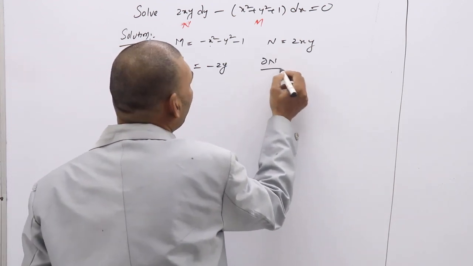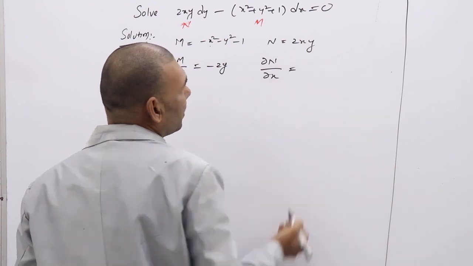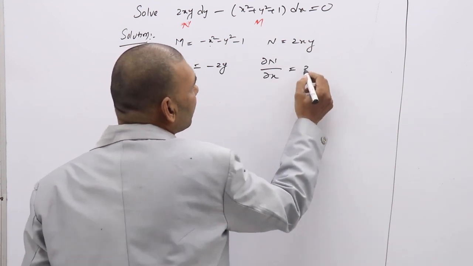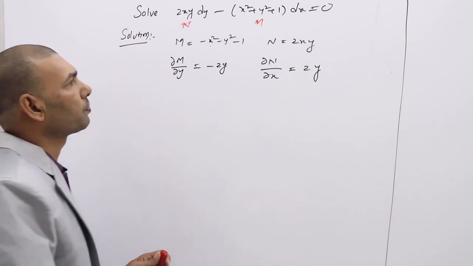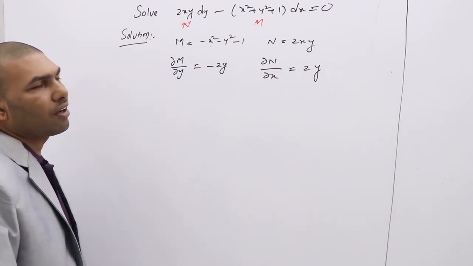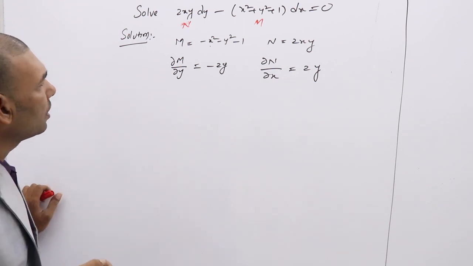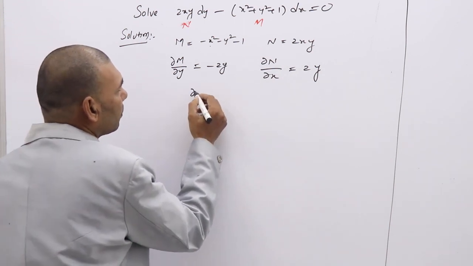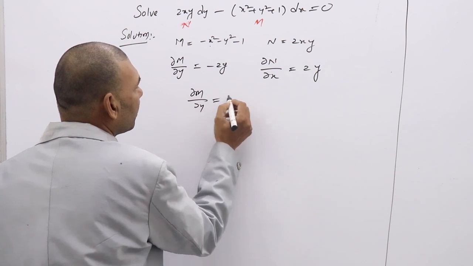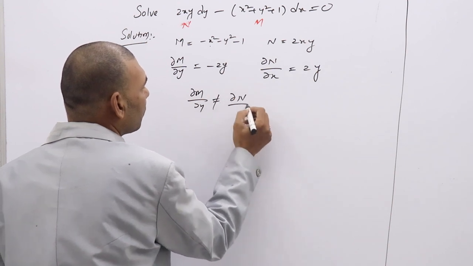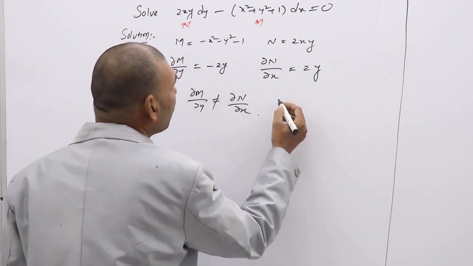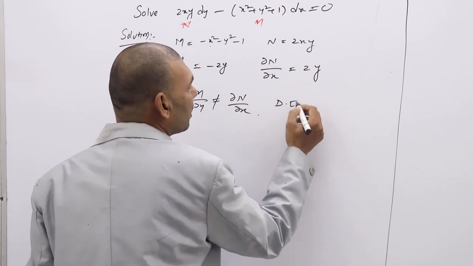Dou N by dou x: with respect to x, differentiation of x gives 2y. These two are not equal. Dou M by dou y is not equal to dou N by dou x. So the equation is not exact.